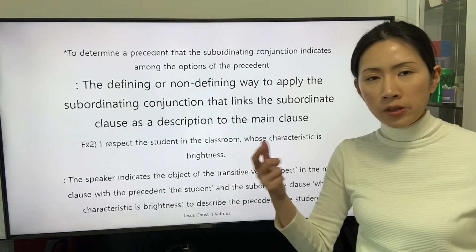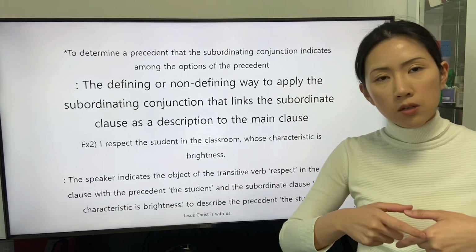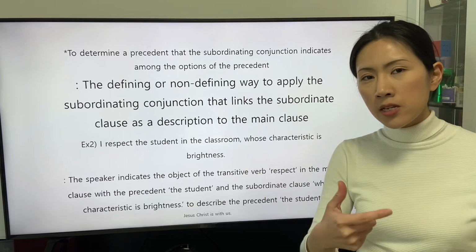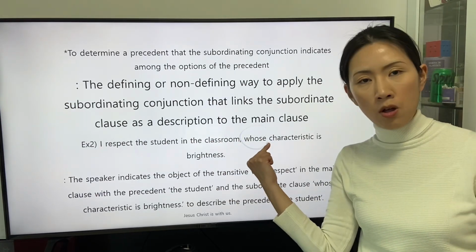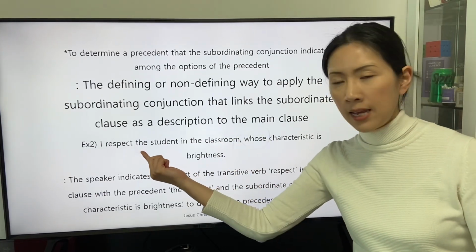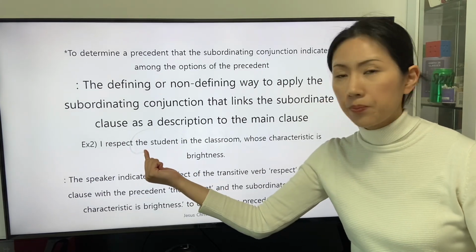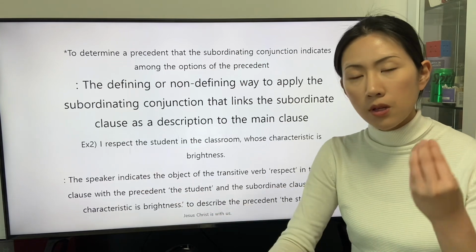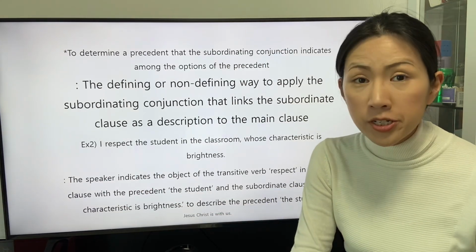So the listeners can understand the precedent indicated by the determiner whose is the phrase of the noun the student that indicates a person.